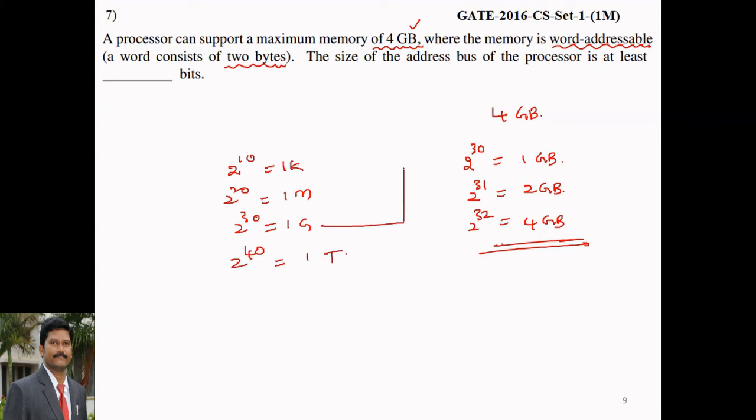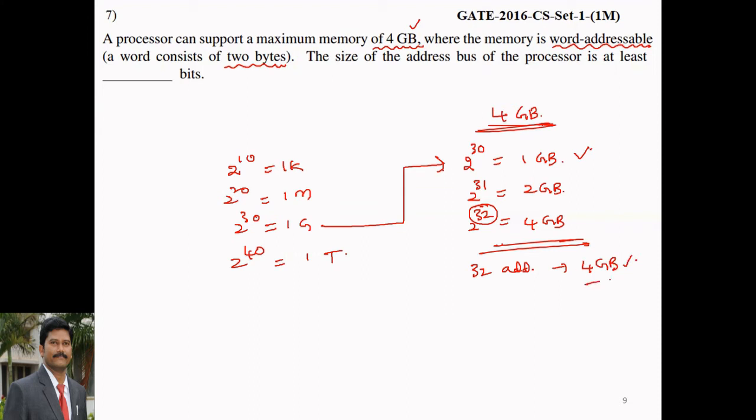So from this knowledge, 2 power 32, that is 32 address lines, are required to locate 4 gigabytes.